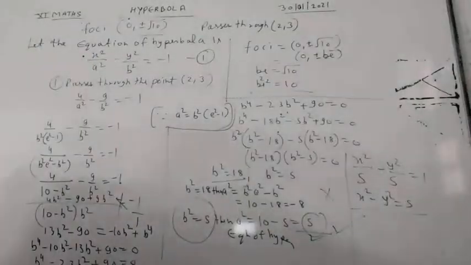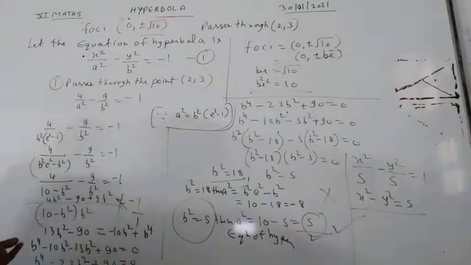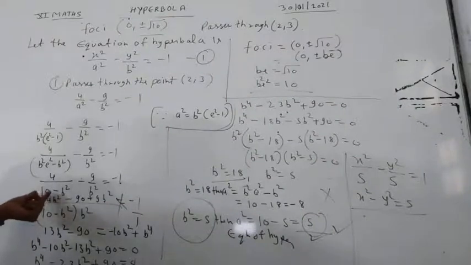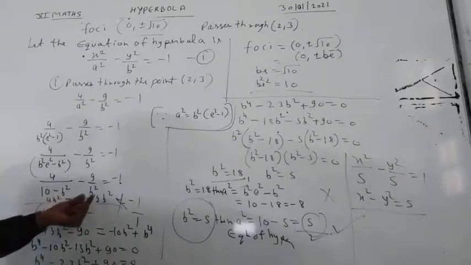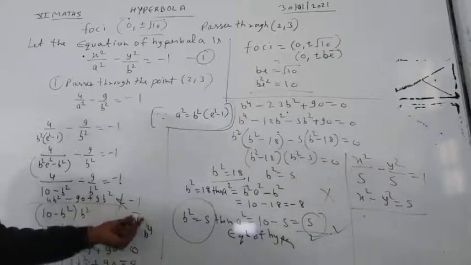So when we put b²e² as 10, we take the LCM: 10 − b² into b². This cancels, we get 4b², and this part cancels. We get 90 plus 9b² is equal to −1 by 1.